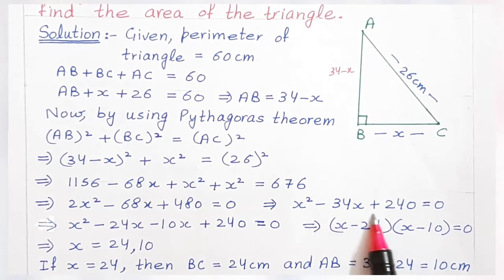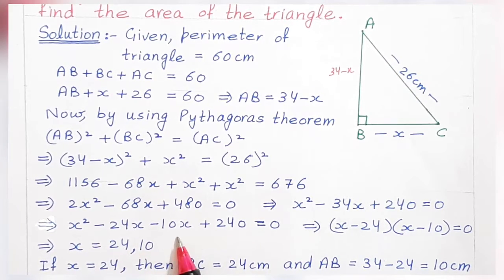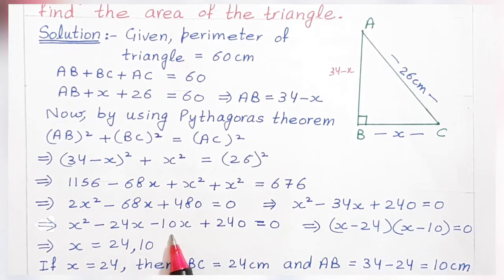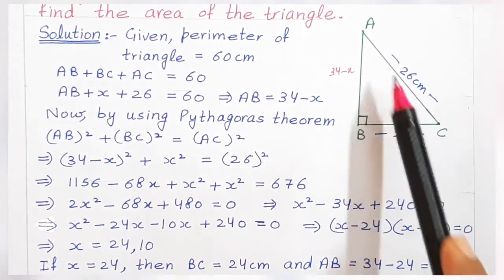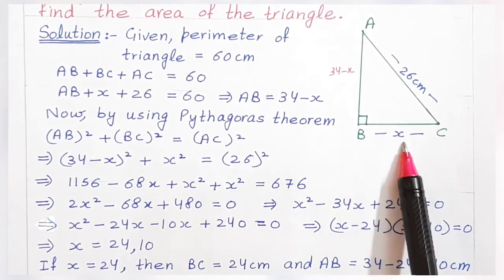Now let us solve this quadratic equation by using splitting of middle term. Now the factors of 240 are 24 into 10. So after solving this, the two values of x are 24 and 10. Now students, you have assumed that BC is x.